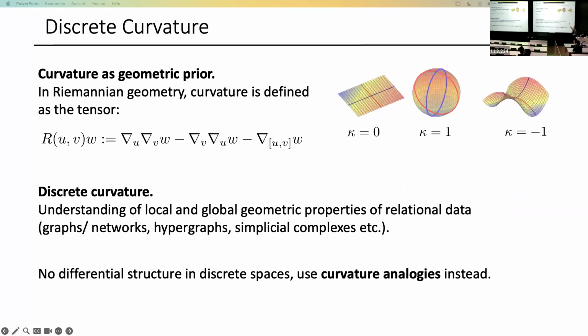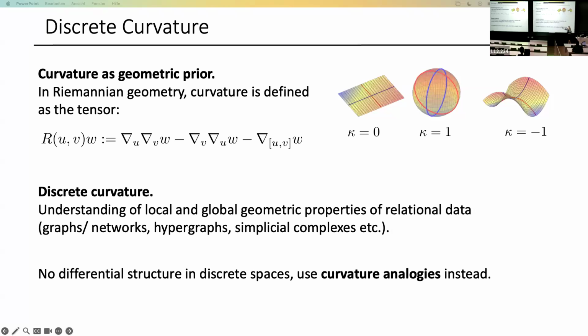We have some intuition on what curvature means from the continuous setting, from low-dimensional surfaces that we have encountered. Classically, curvature is defined like this, the equation that you see here, the curvature tensor. In general, it's very difficult to compute the full curvature tensor on any data or in any discrete setting. Again, that has to do with the lack of a differential structure in those settings.